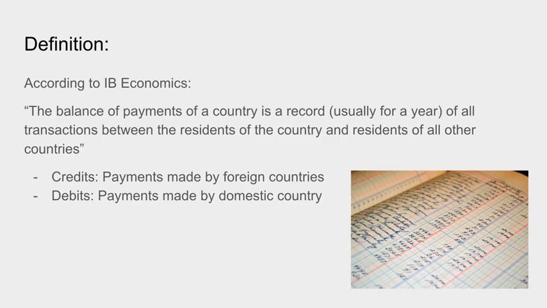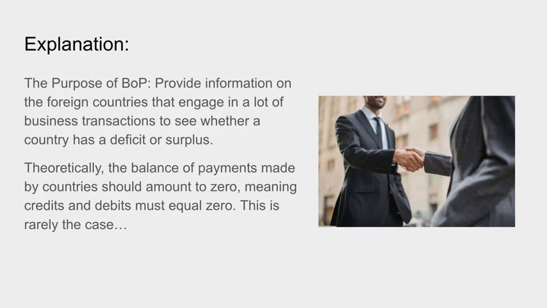Now, an explanation here. The purpose of balance of payments is to provide information on the foreign countries that engage in a lot of business transactions to see whether a country has a deficit or surplus. Those are also very important economic terms that you'll come across.